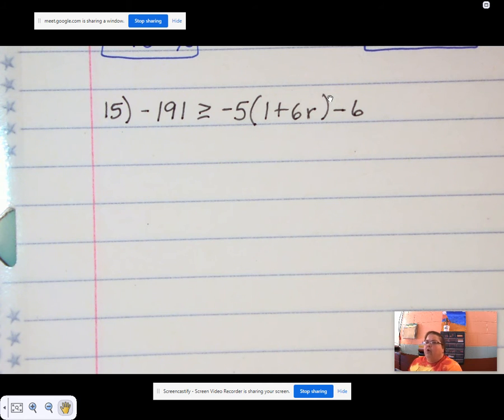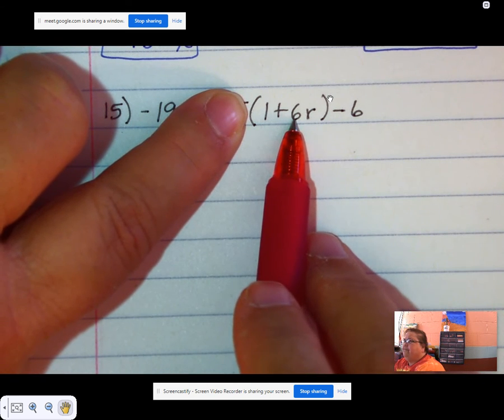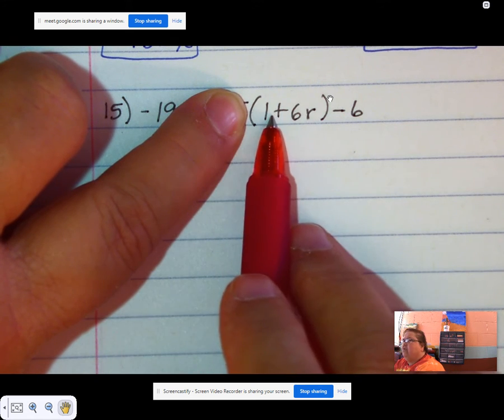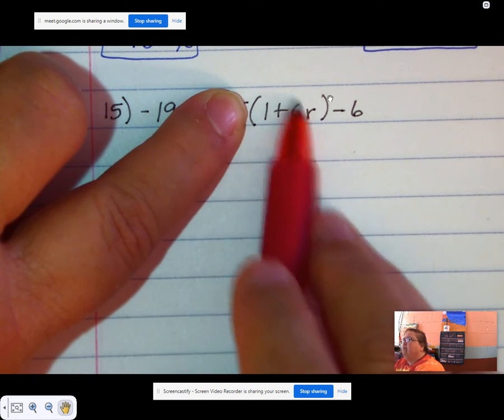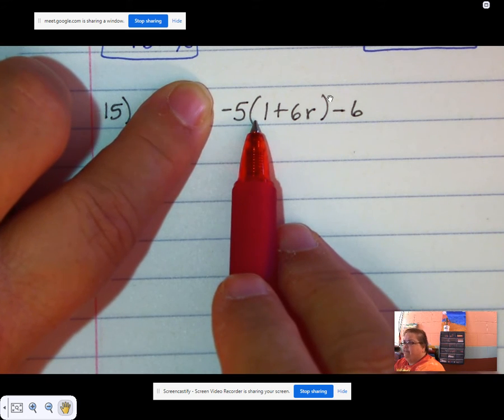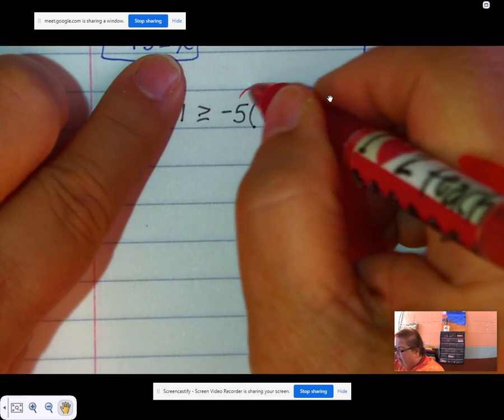Step 1. What do you see that I have that I need to take care of first? Parentheses. Can I add 1 plus 6r? No. They're not like terms. One has a variable, one does not, so I can't perform what's on the inside. So now I'm just looking at it as multiplication. Right? Distribute. Very good.